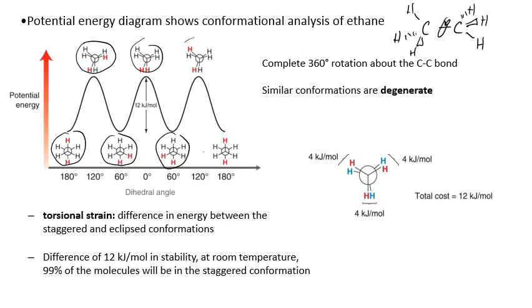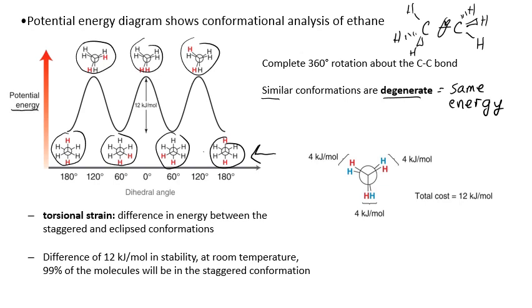And you keep rotating until you get through 360 degrees, and then you've seen all of the possible staggered and eclipsing interactions. So we say that similar conformations are degenerate. What degenerate means is they have the same energy. So let's look at all the staggered. We notice that all of the staggered conformations have the same energy.